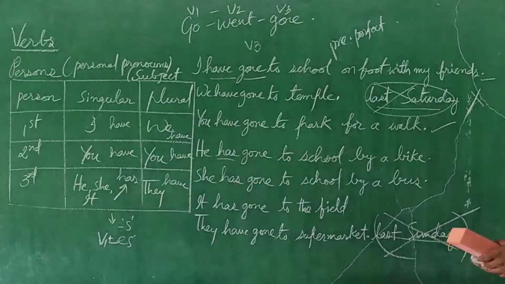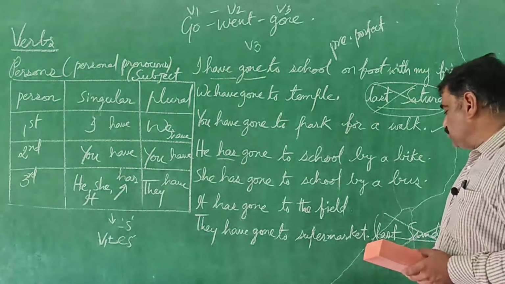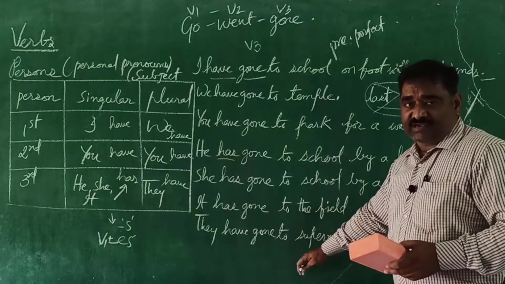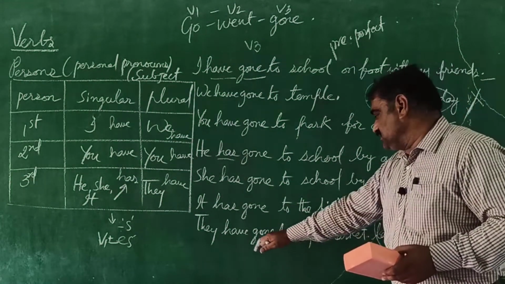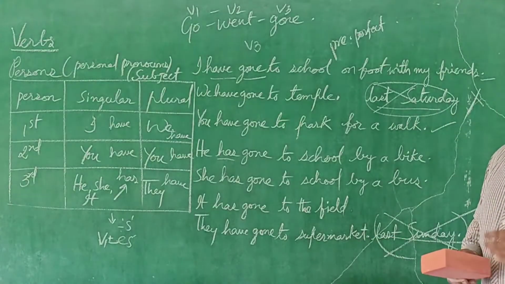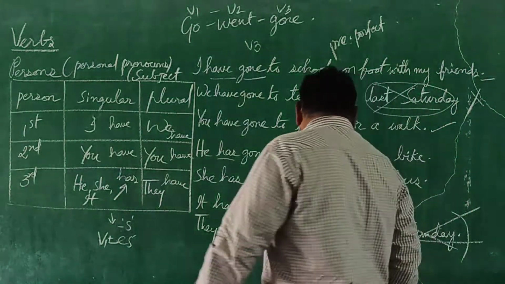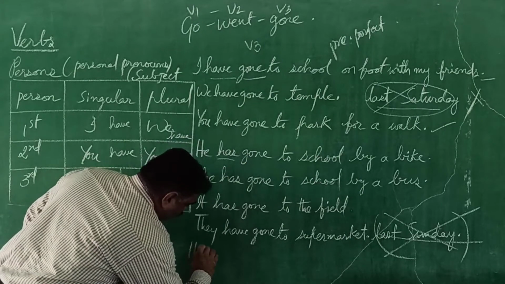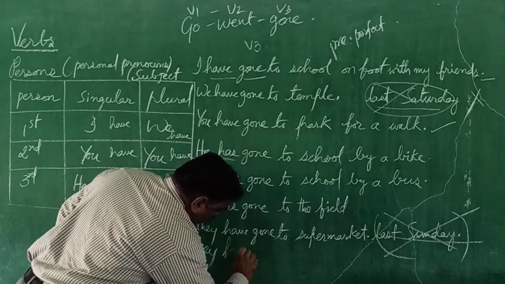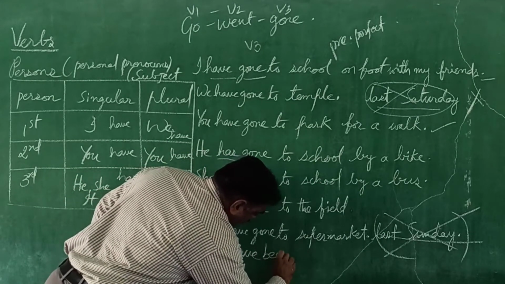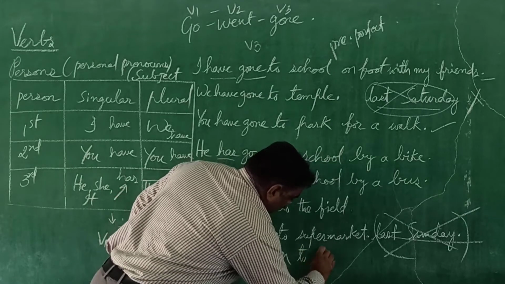Last Sunday represents simple past tense, so you should not use it in present perfect sentences. They have gone to supermarket. One more thing now: they have gone to supermarket and they have been to supermarket. What is the difference between the two sentences?